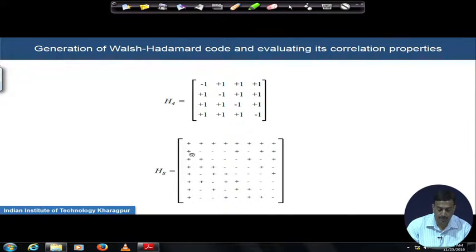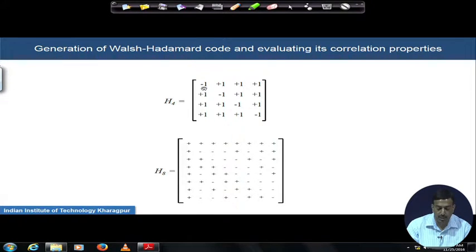So to begin with, all rows will have autocorrelation values. As I said, for autocorrelation we take the code, which is a row of this matrix, and try to find the correlation between that row and a shifted version of itself. So at 0 lag, we will have a multiplication of each of these bits with itself, and summation over it.